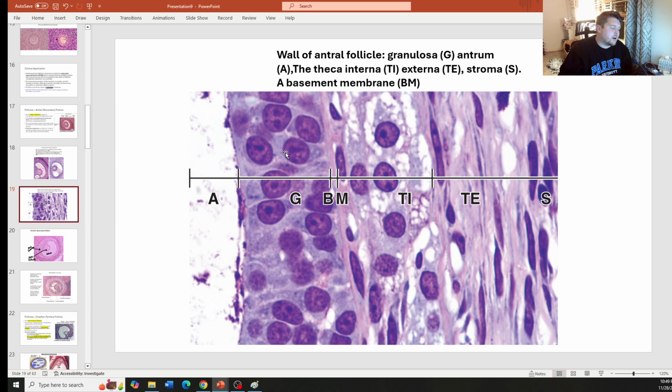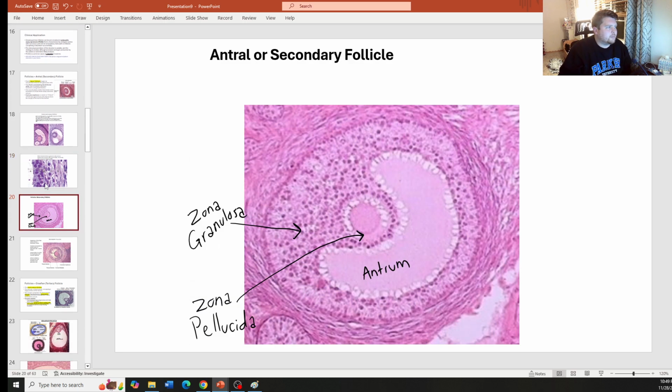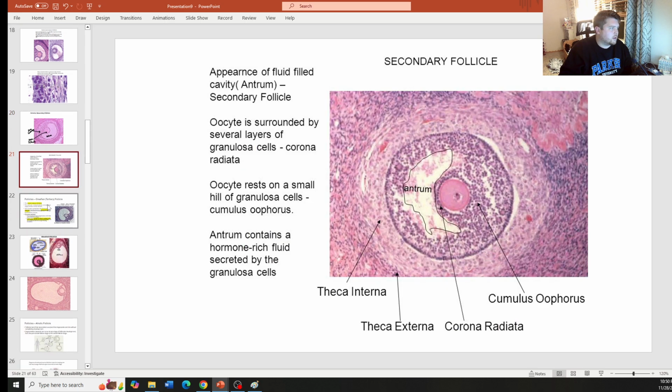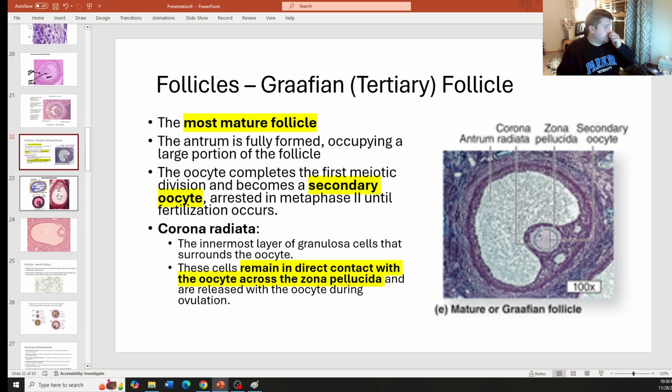These, I personally feel, don't have as distinct, easily differentiable layers just by looking at them. So continuing, here is our secondary follicle. There's the antrum. They have the zona granulosa, the zona pellucida still immediately around the oocyte, all that good stuff. Another picture. Spend some time looking at those.